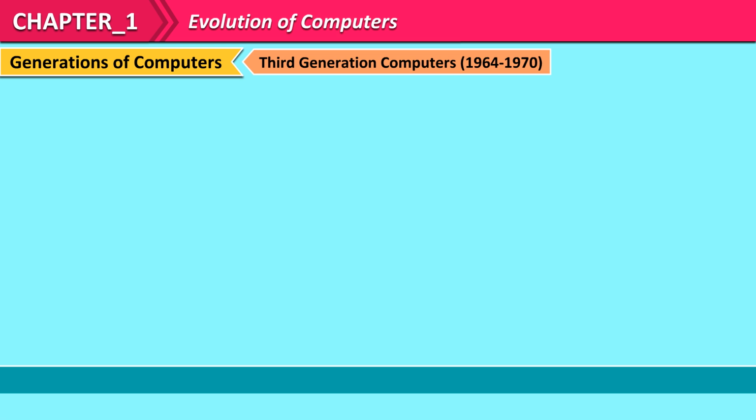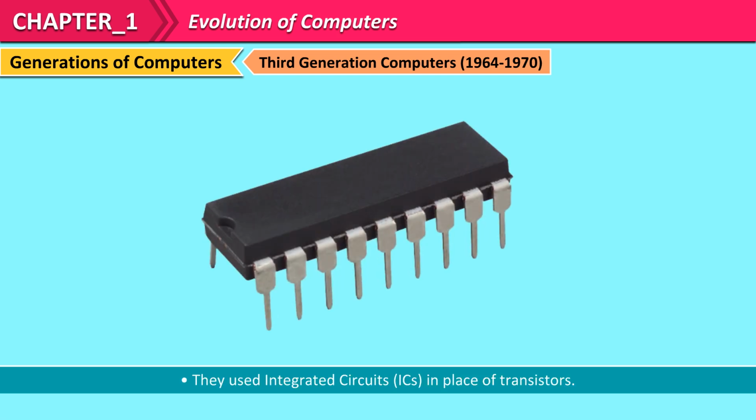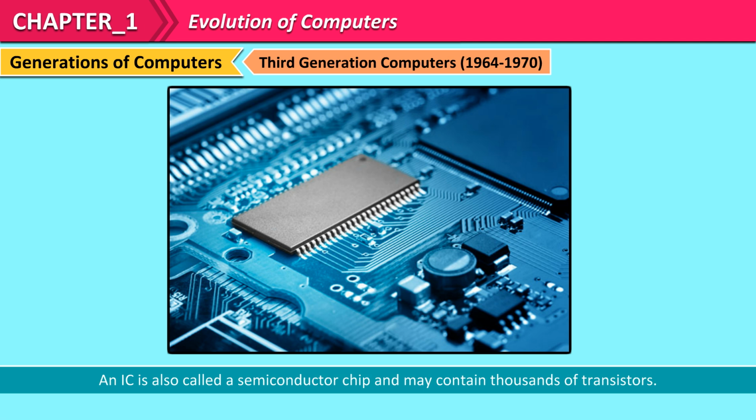Third generation computers, 1964 to 1970. They used integrated circuits, ICs, in place of transistors. An IC is also called a semiconductor chip and may contain thousands of transistors. They used a keyboard for input and a monitor for output. They used an operating system to run different programs at the same time.